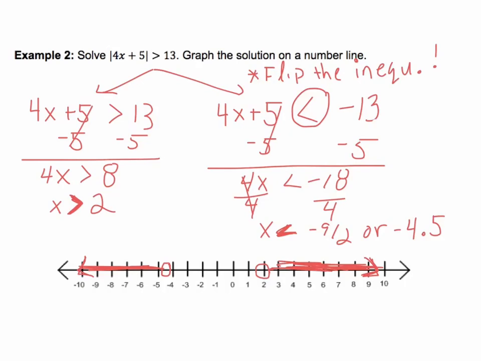And then I see another shaded region of my graph where x is less than negative 4.5. So it can be in one set or the other. Do you see what I'm saying? For that reason, I just have to write an or in my answer. So just to review, it's either over here or over here.